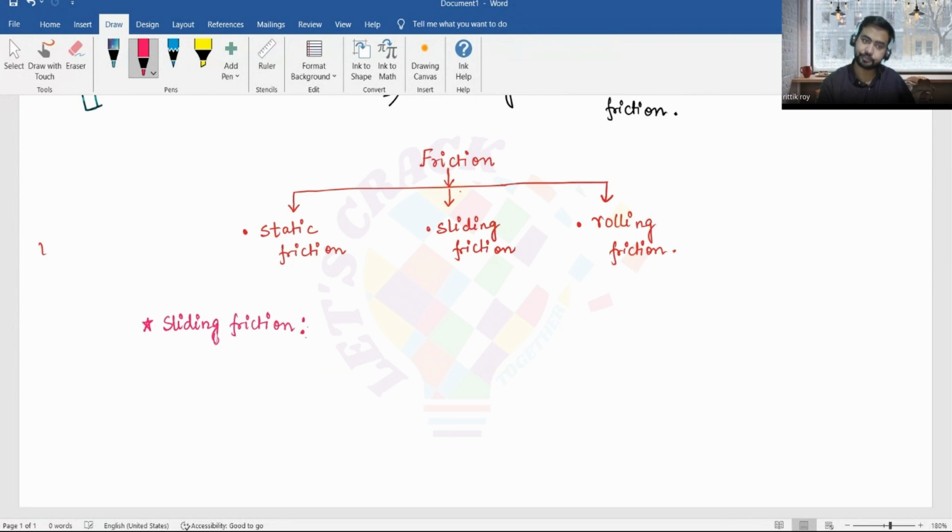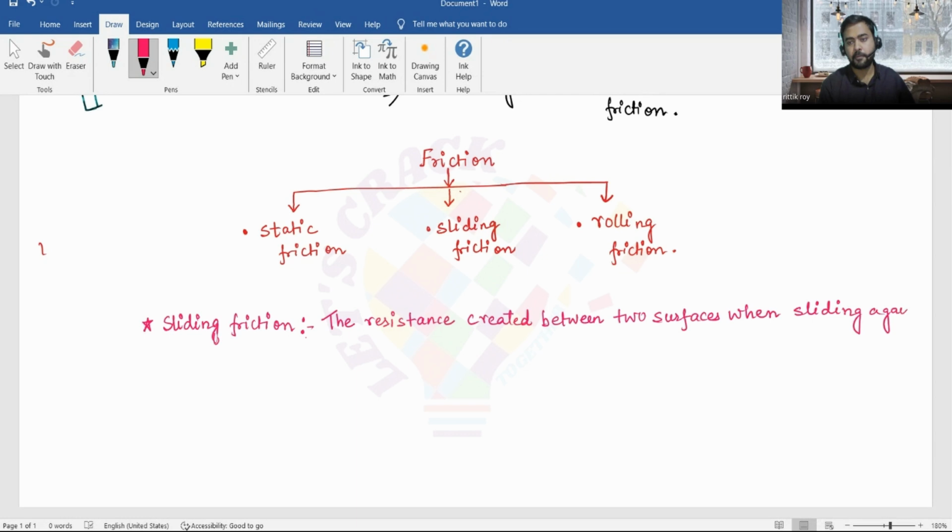So what is sliding friction? The resistance created between two surfaces when sliding against each other is called sliding friction.